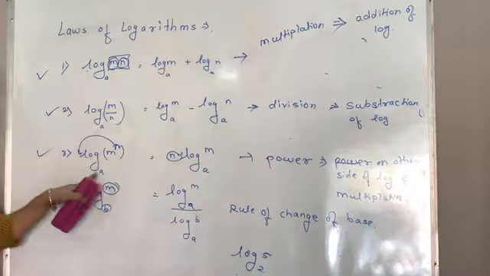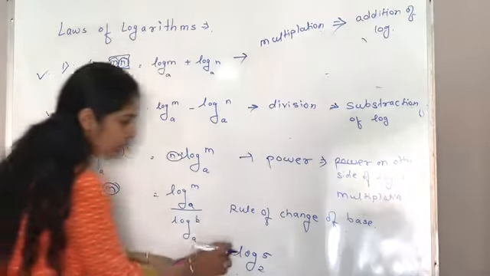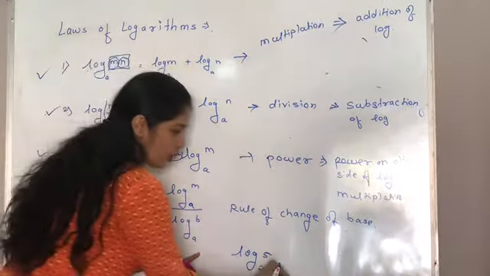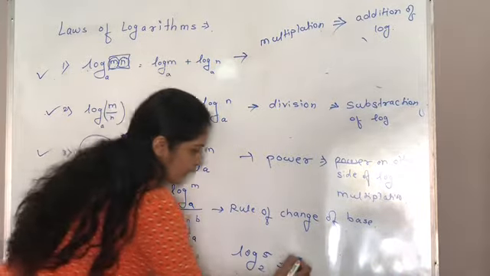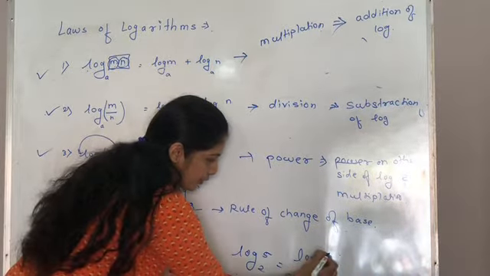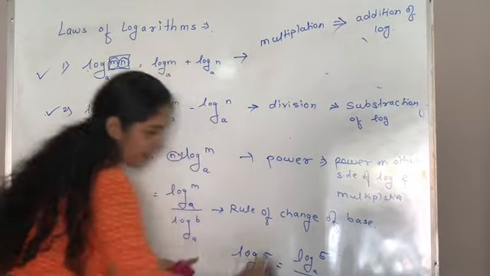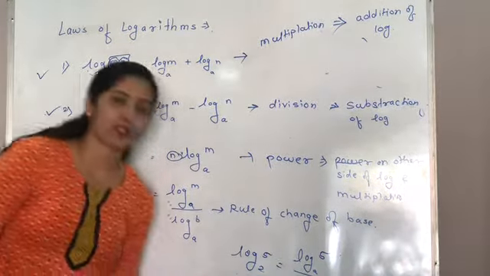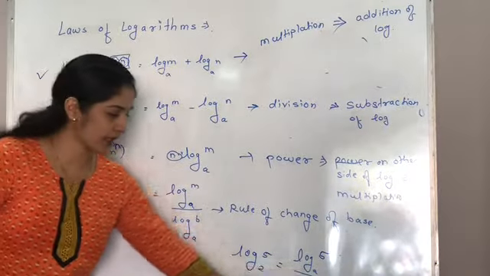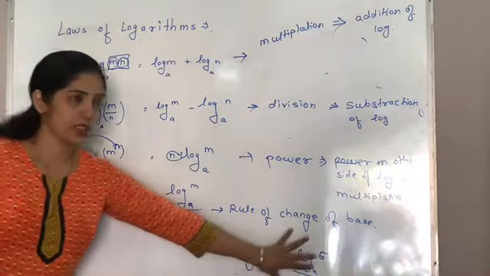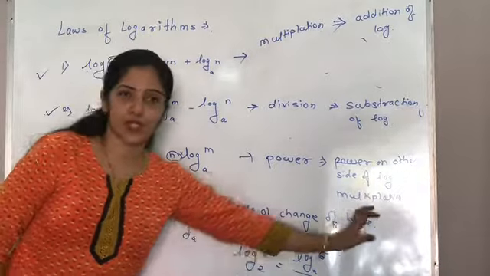This is not the regular base, right? So how to write log of 5 to the base 2? Log of 5 to the base a divided by log of 2 to the base a. Fine. And a is the regular base. So that is called the change of base. This is the rule of change of the base.